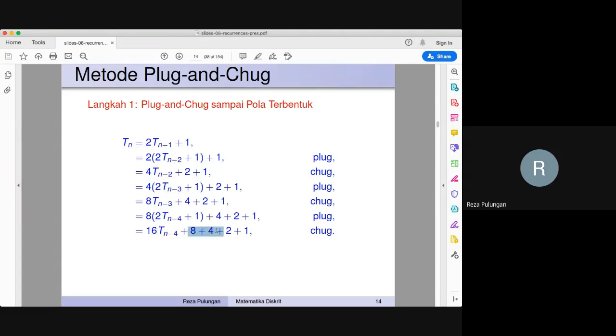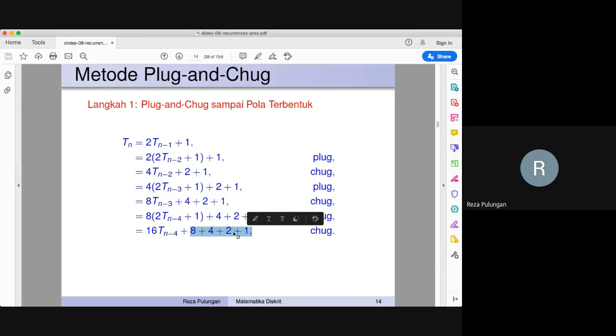Okay. What about this one? This is 8 plus 4 plus 2 plus 1. So if you see here, 8 plus 4 plus 2 plus 1 is equal to 15.